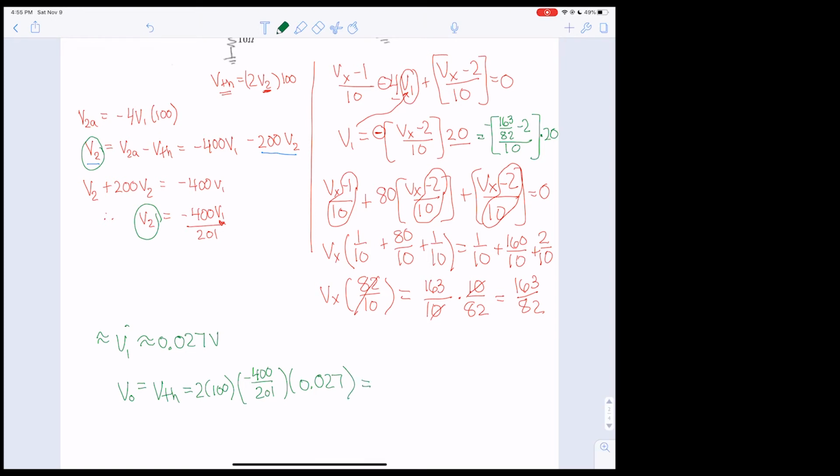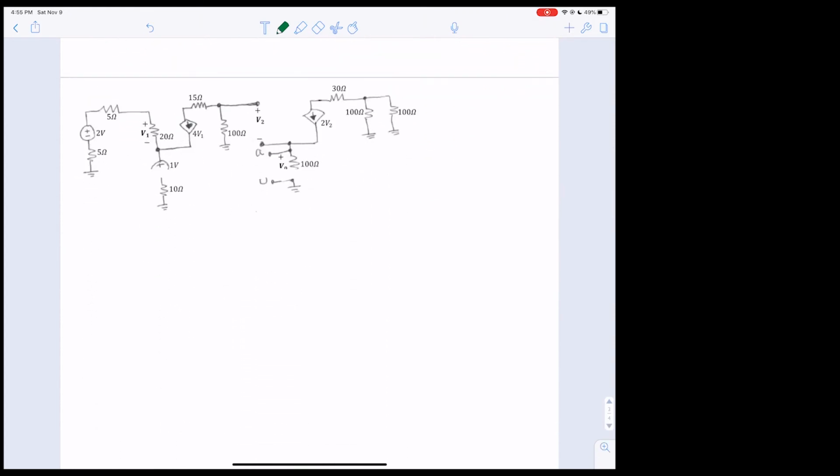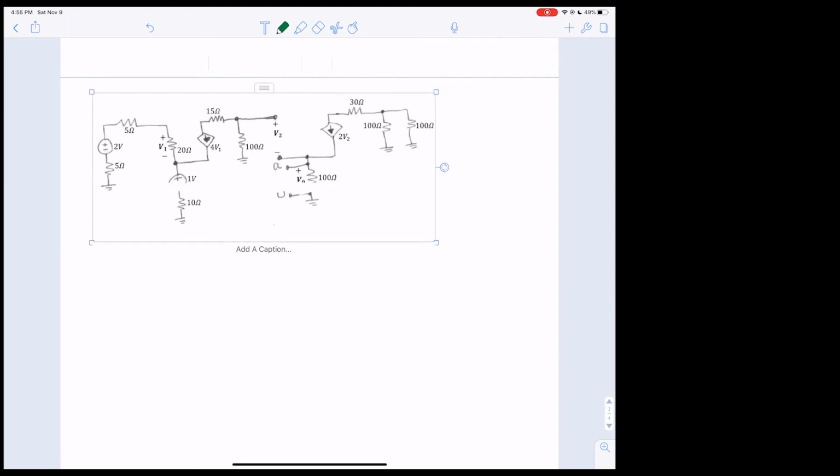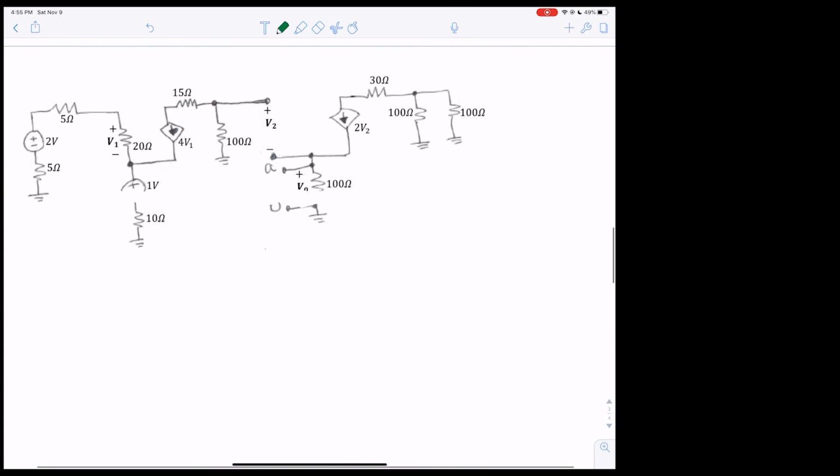And so this gives me a value of approximately a minus 10.6. So this is my VTH value. So now I want to find a value for RTH.